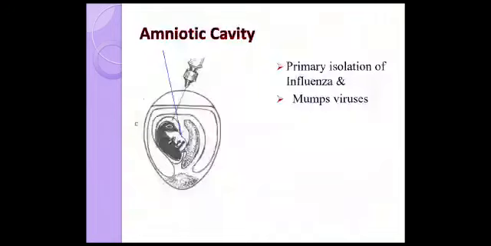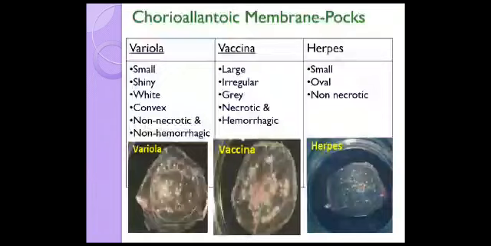The amniotic cavity is commonly used for primary isolation of influenza viruses and for mumps viruses. The chorioallantoic membrane, as I told you initially, produces pocks, and the differences in the pocks can be used for identification of the virus.